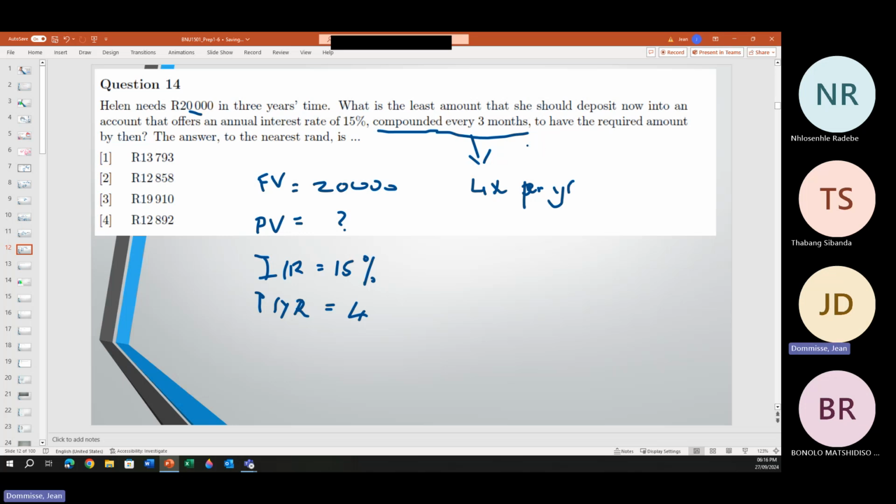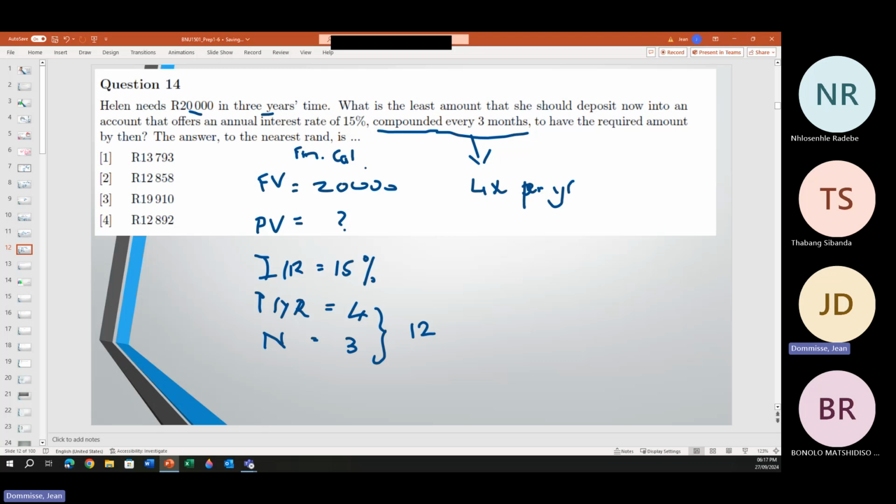And they say, remember, it's due in 3 years' time. So n is equal to 3. So that is 12 periods that she will get interest. And the present value then is, okay, so first we can use the financial calculator. So, and I'm using the HP, so I've got a future value of 20,000.